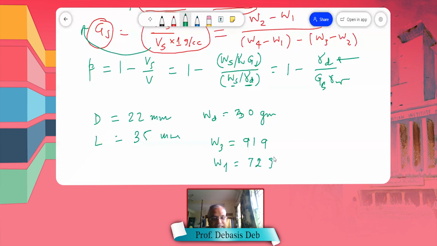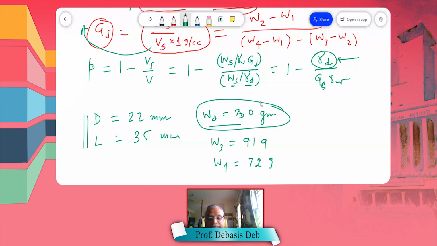I think everything is given here to use that formula. You have to first find out gamma D, which you will be able to find because you can calculate the volume from here. The weight is given, so this calculation is very easy. Then W3 and W4 are given, and this is basically your W2. So W1 minus W2, you can take that as 130 gram already.